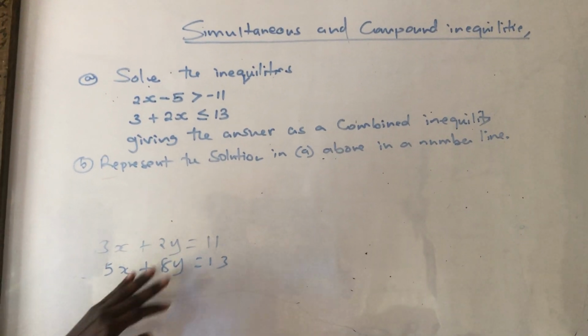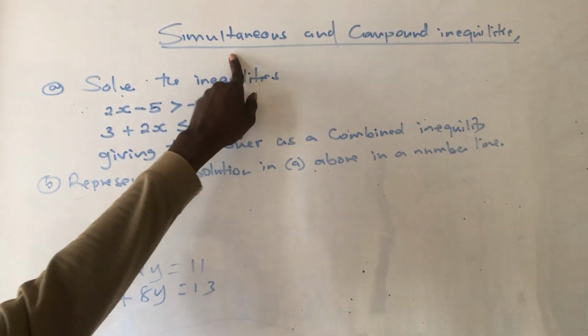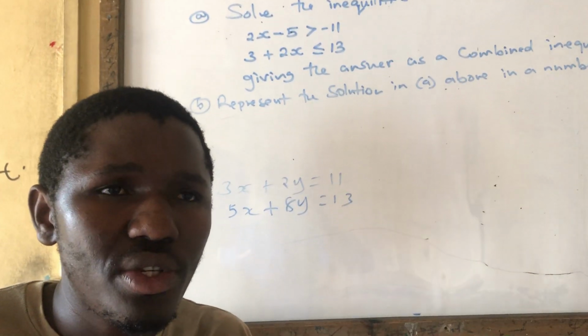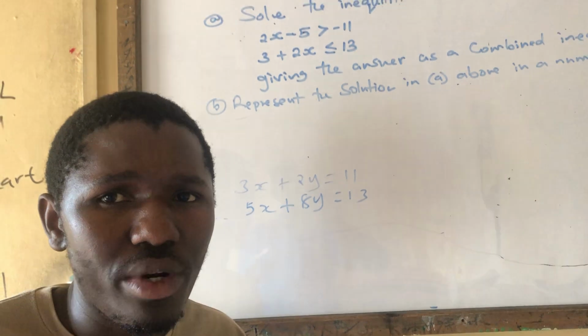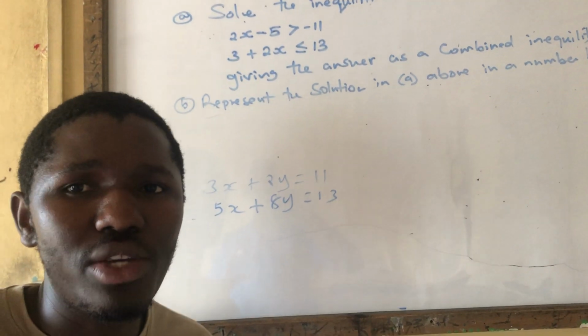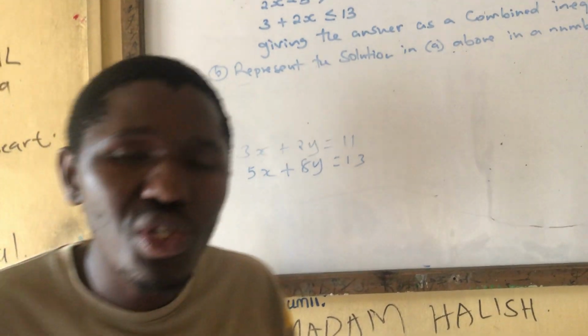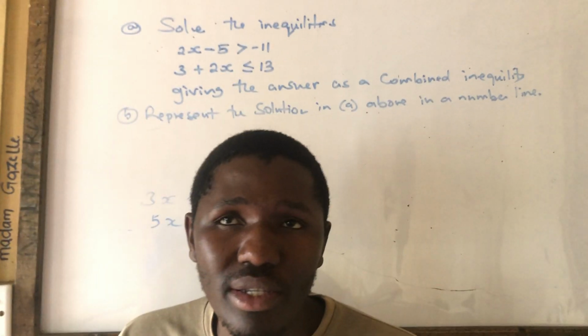So many times, when students come across the word simultaneous, what comes into their mind are equations carrying two unknowns. That is correct, like I've said, but not accurate. Simultaneous actually means a pair of equations or inequalities.